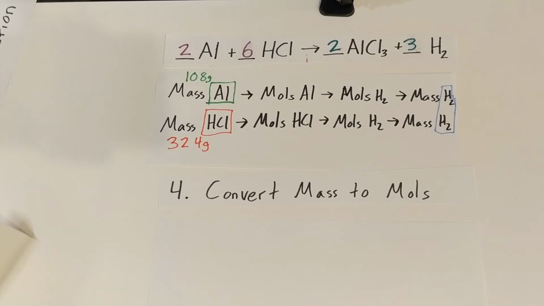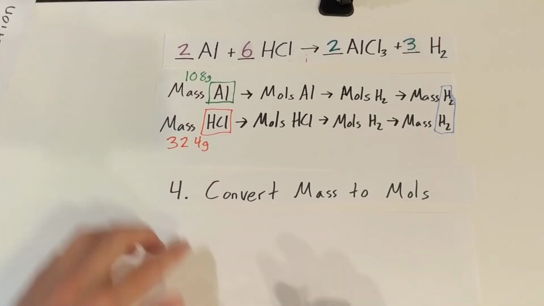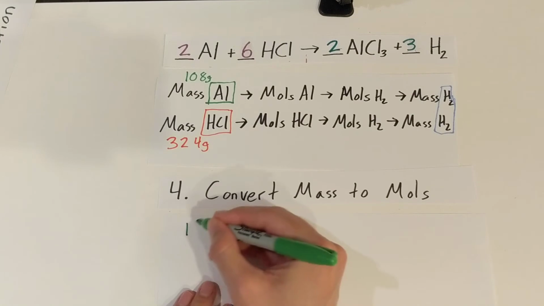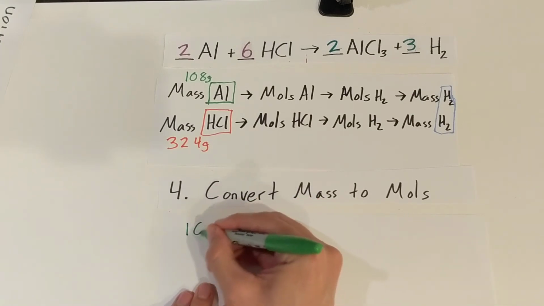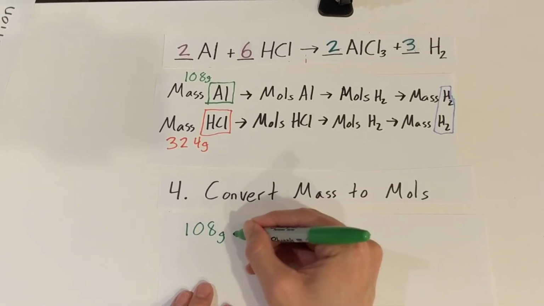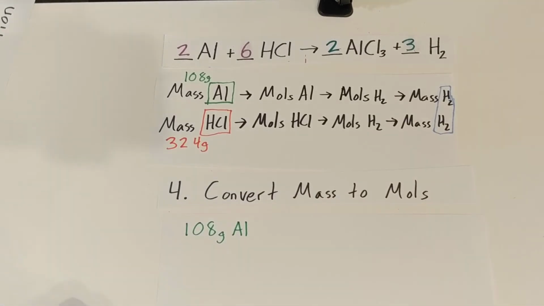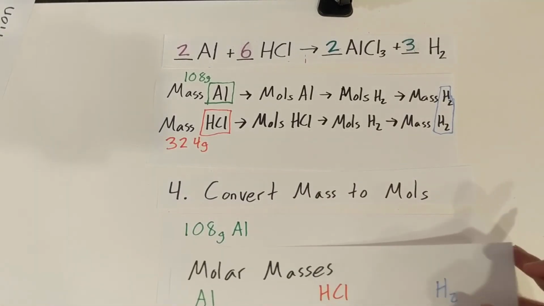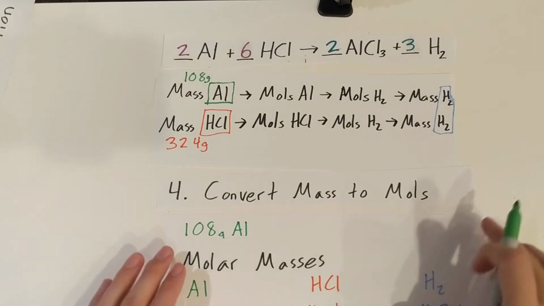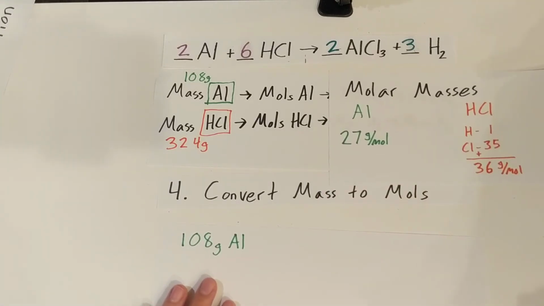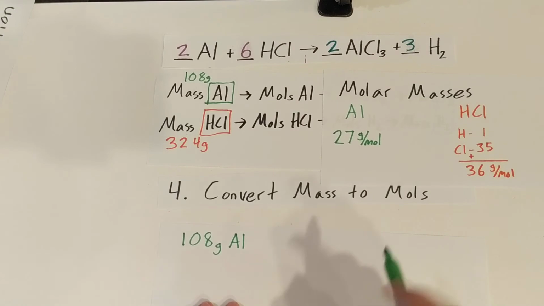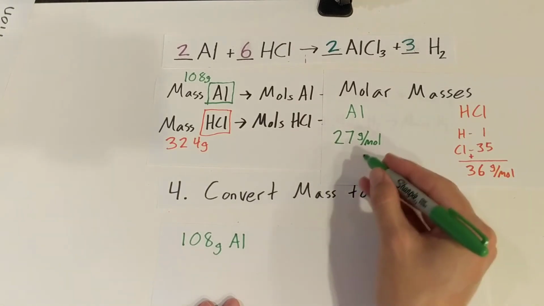aluminum. So we're starting with 108 grams of aluminum. And in order to get to moles, we just said I had to divide by my molar mass. And my molar mass, we'll bring this up here. My molar mass of aluminum is 27.